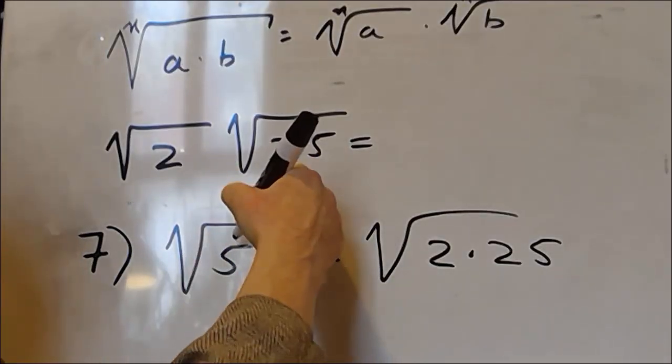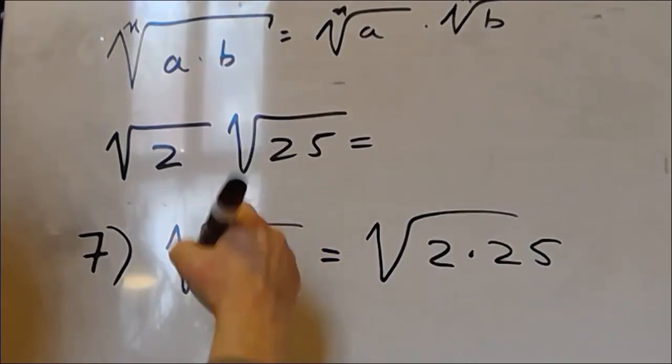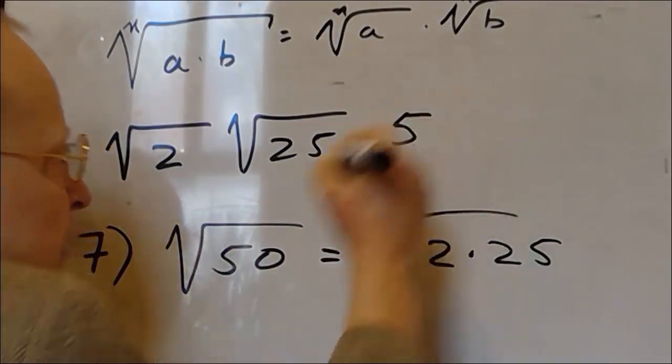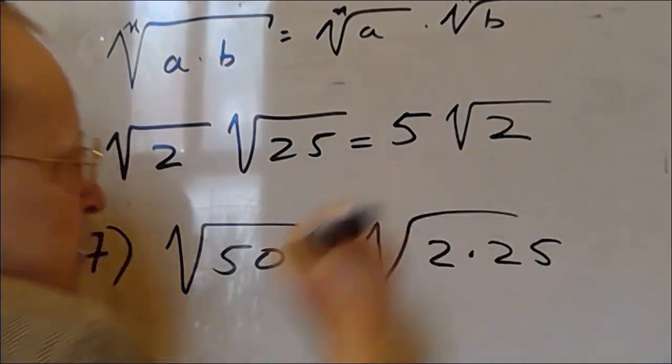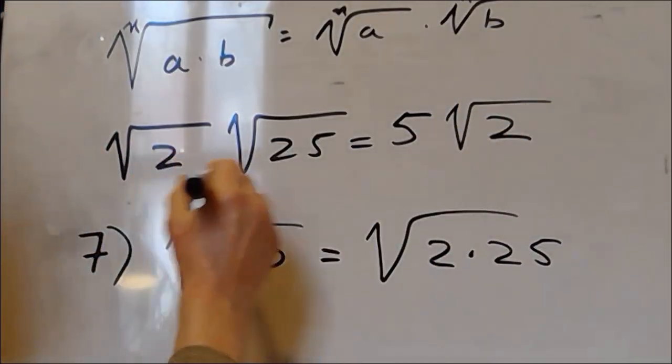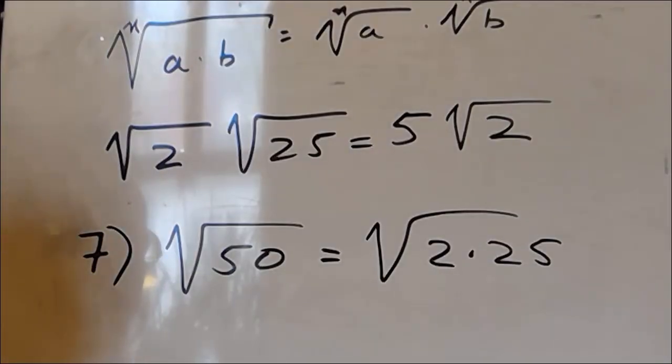And by convention, we put our regular number outside, the one that's next to the radical sign. So instead of writing 2, square root of 2 with 25 at the end.